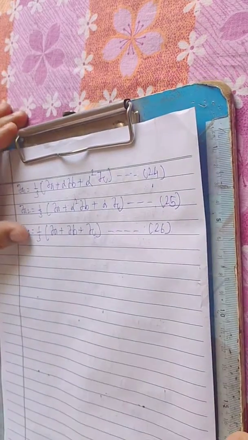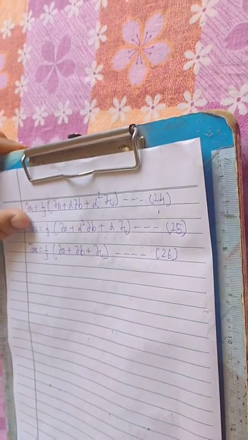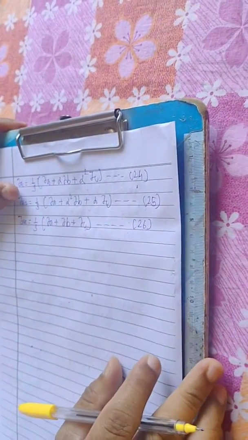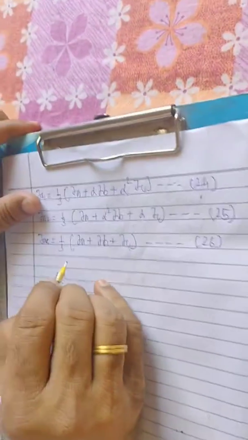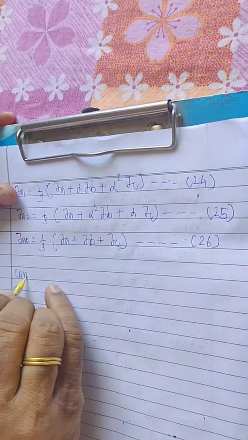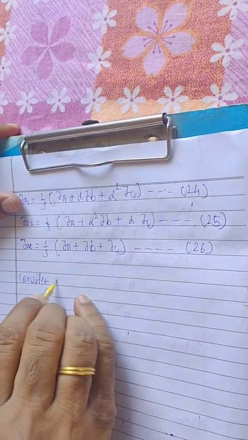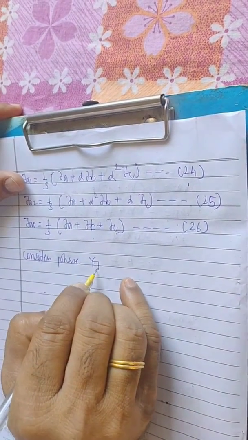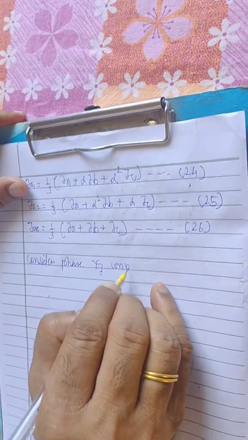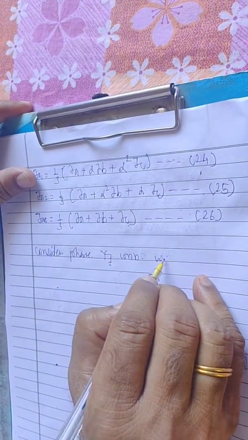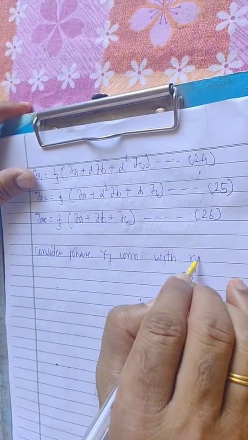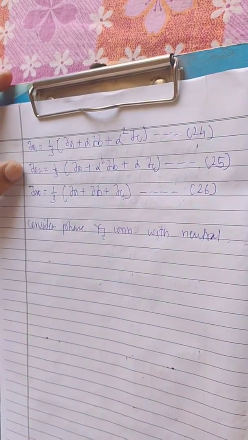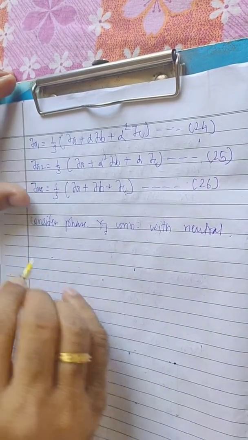Now consider a three-phase star connected system with neutral grounded. The neutral provides a return path to the current.